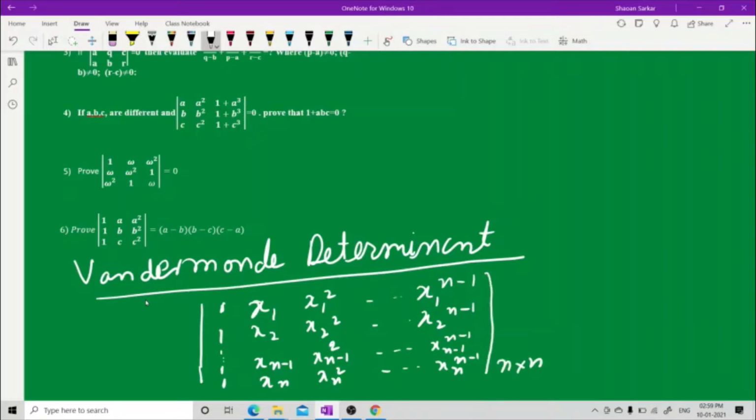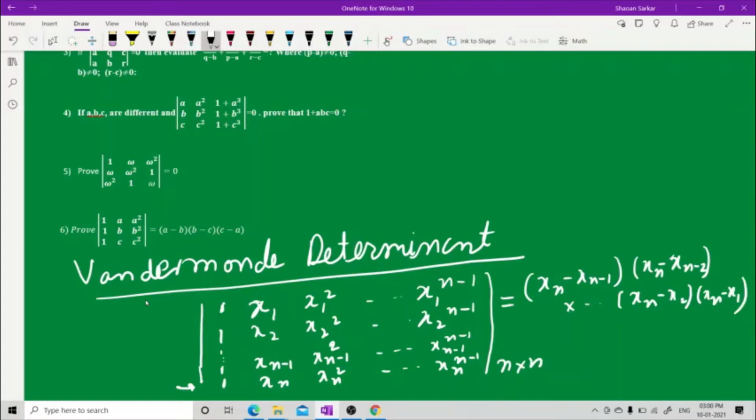So the easiest way to calculate it is to start from the last row. From this last row, you write xn minus x(n minus 1) into xn minus x(n minus 2), and so forth, multiplied with xn minus x2 and xn minus x1.